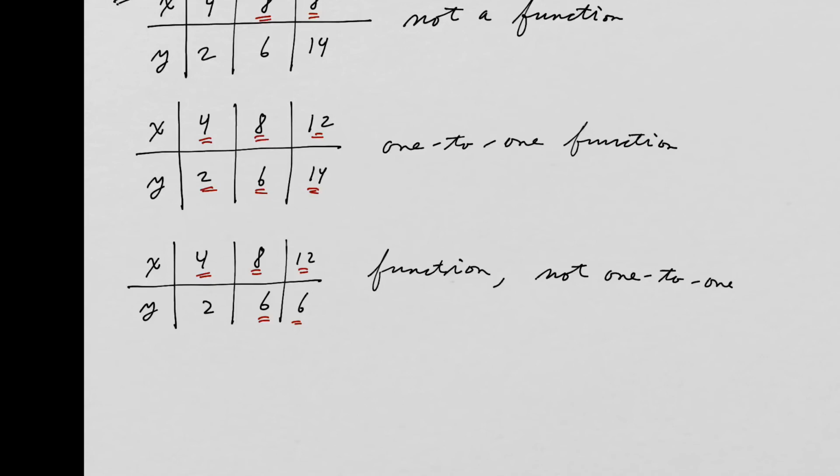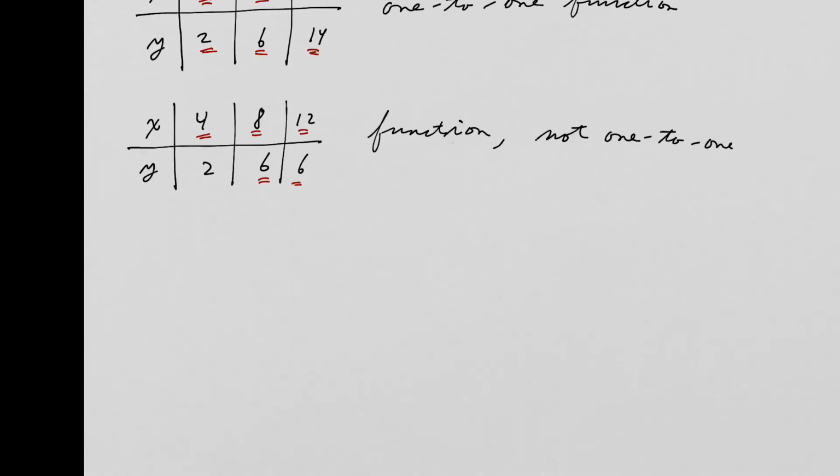Now, in general, to determine whether a graph is a function or not, we use what's called the vertical line test. For tables, you can just look at the input values, and if they don't repeat, it's a function. For a graph, it's easy just to use the vertical line test. Let me explain that next.